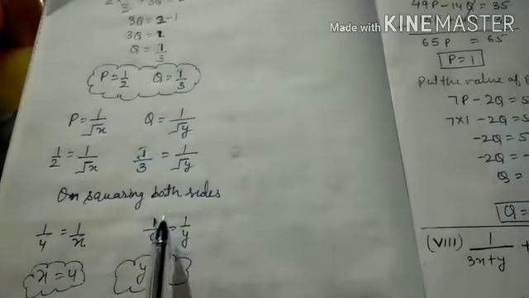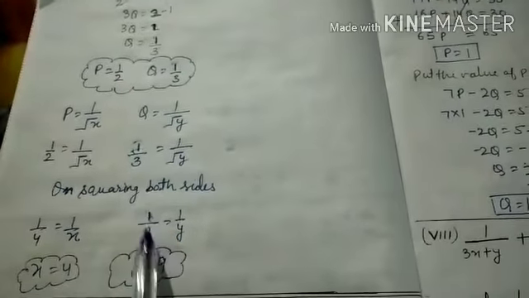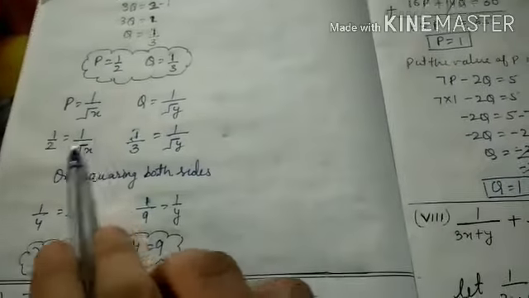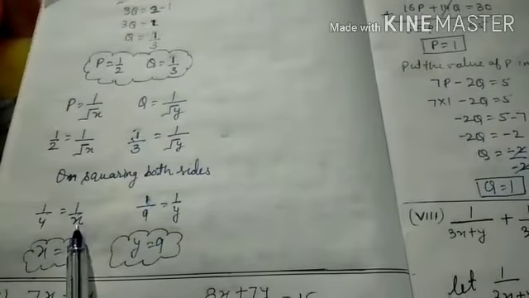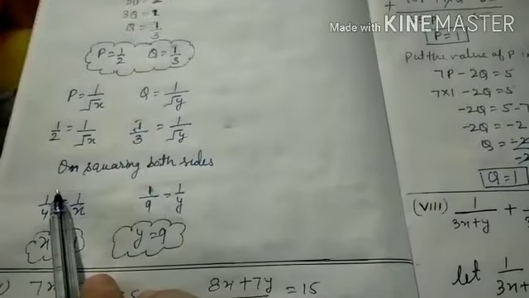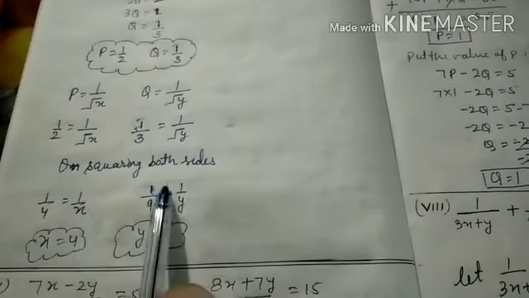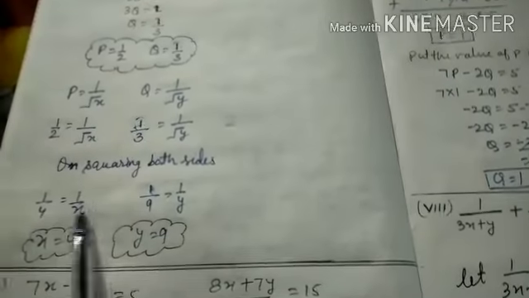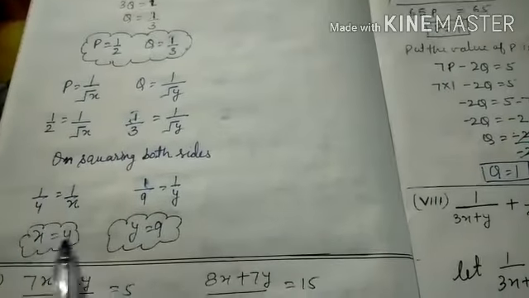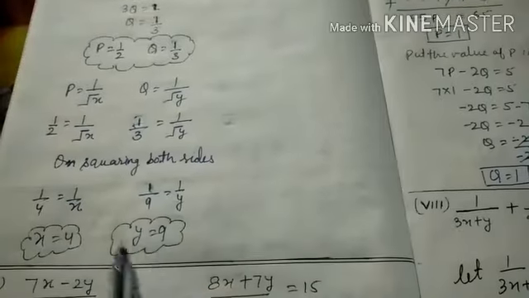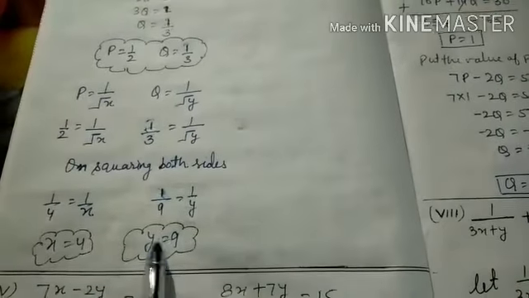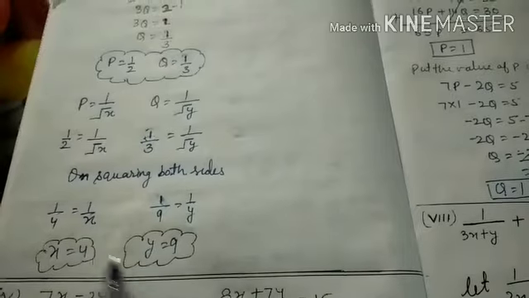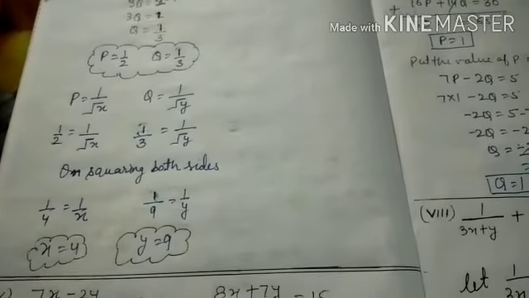The square of 1 will be 1 and the square of 3 will be 9, and the square of under root x will be x and y only. So 1 upon 4 is equal to 1 upon x and 1 upon 9 is equal to 1 upon y. By the cross multiplication, the value of x is equal to 4 and the value of y is equal to 9. So this is the solution of these pair of linear equations in two variable.